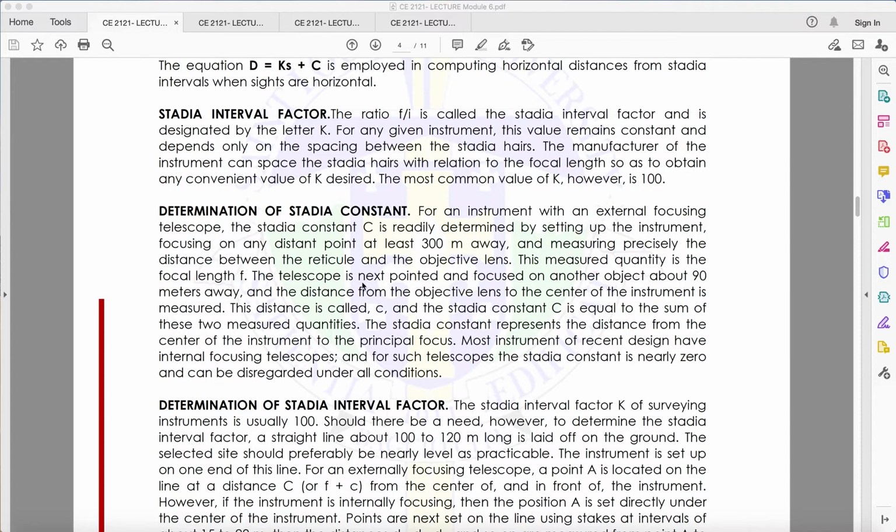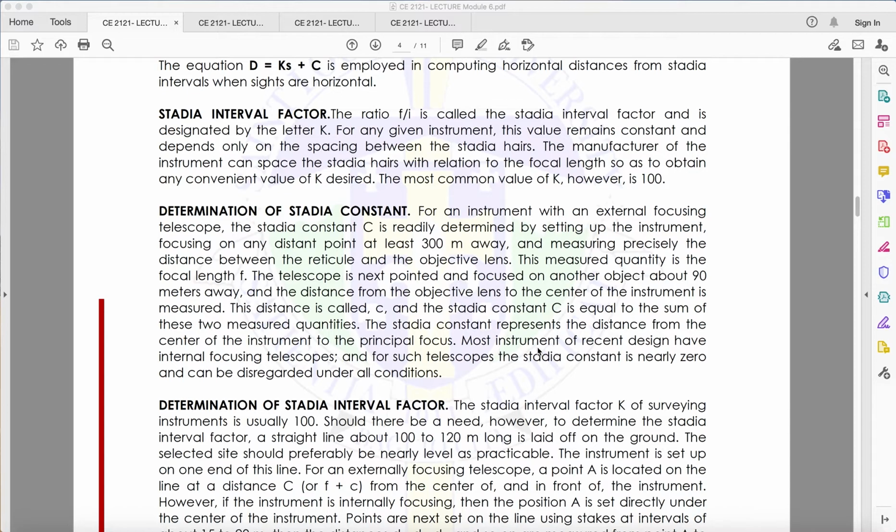The telescope is next pointed and focused on another object about 80 meters away, and the distance from the objective lens to the center of the instrument is measured. This distance is called c, and the stadia constant is equal to the sum of these two measured quantities. The stadia constant represents the distance from the center of the instrument to the principal focus.